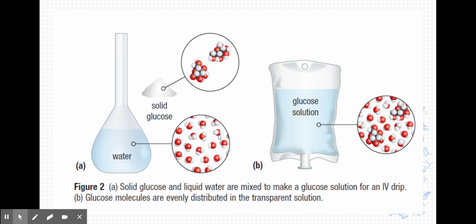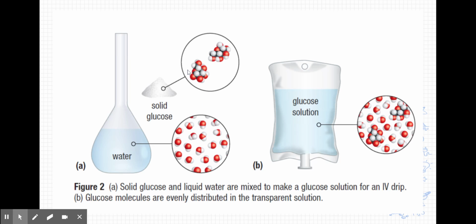Now, each of those particles has an internal composition, H2O, so there are 2 hydrogens and 1 oxygen, but the particles themselves are all the same. Same with glucose. Glucose consists of carbons, oxygens, and hydrogens as well, but the individual particles are all the same. So we have 2 pure substances.